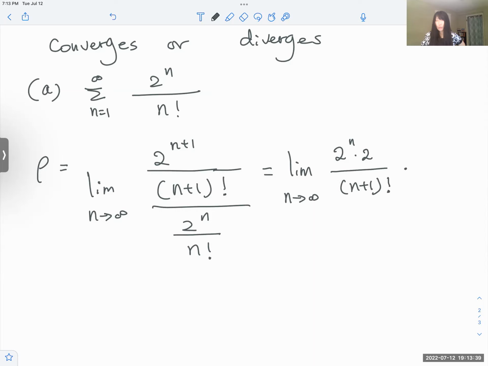And times the reciprocal of the second fraction, n factorial over 2 to the n, right? Okay, I split 2 to the n plus 1 power like that, right? Because I want to simplify this one, all right?